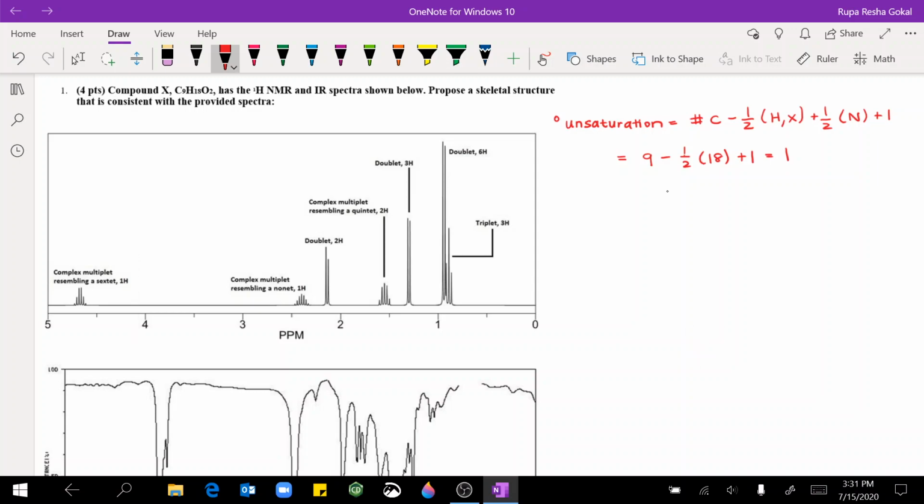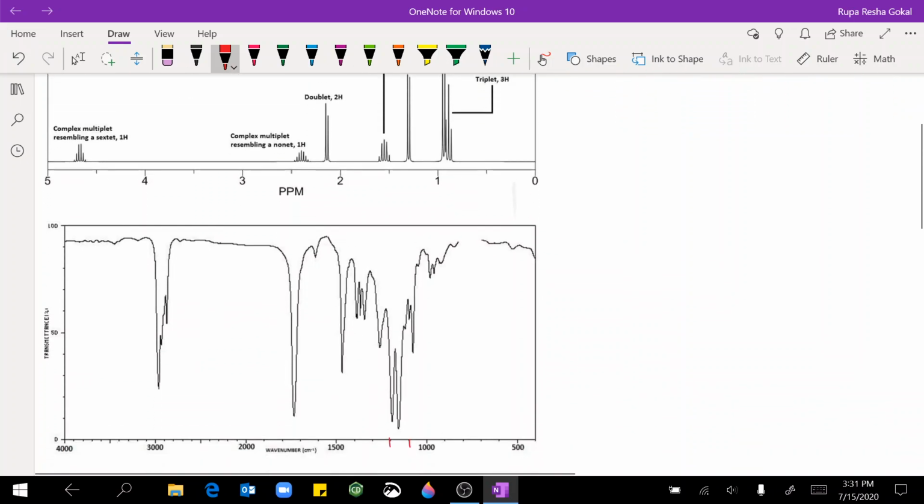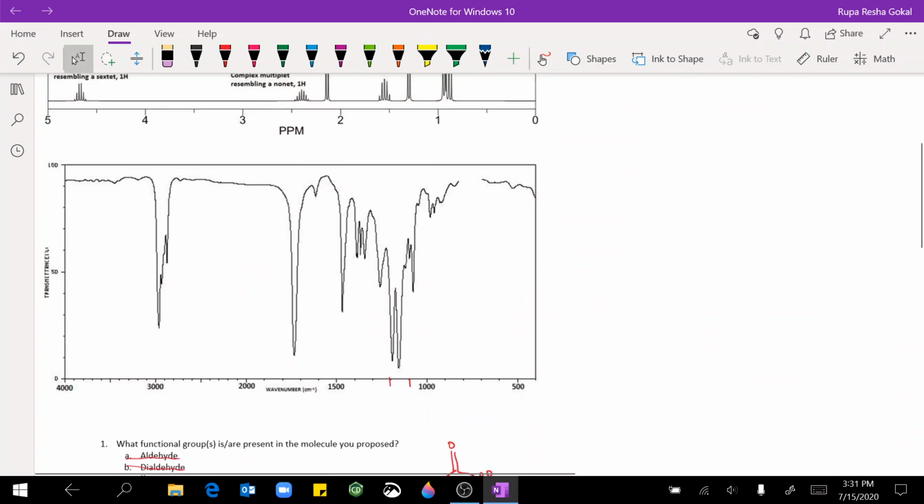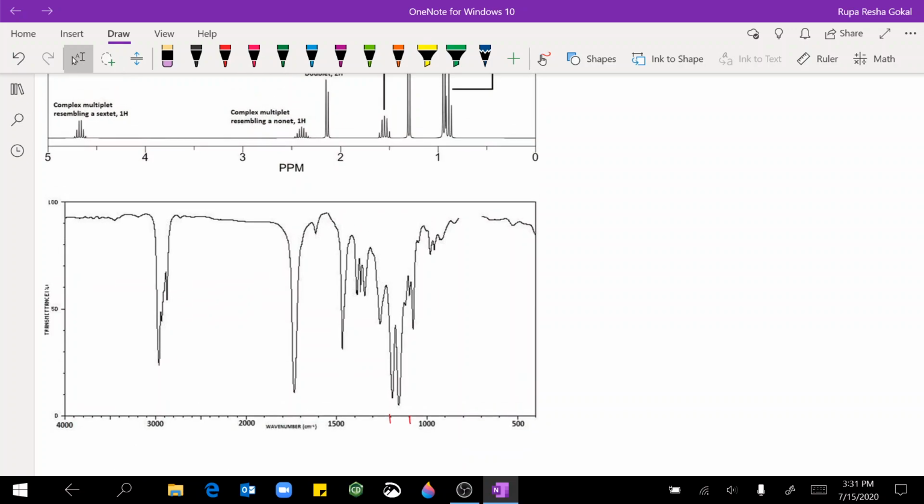Okay, so next, because I have some context here, I'm going to scroll down and take a look at my IR, and identify absolutely all the signals that I can confidently identify.